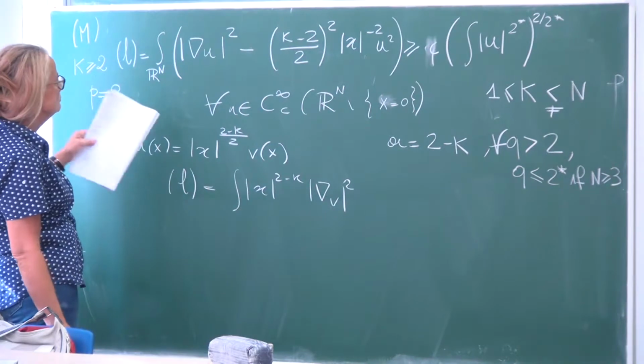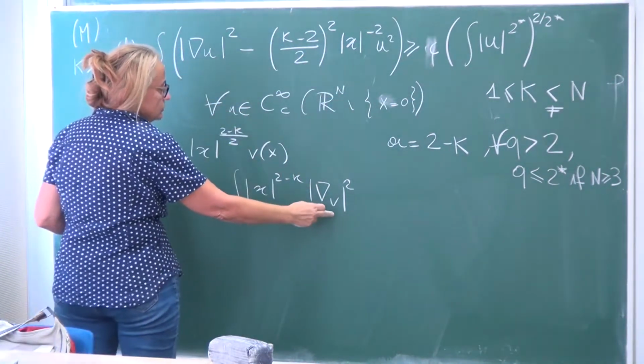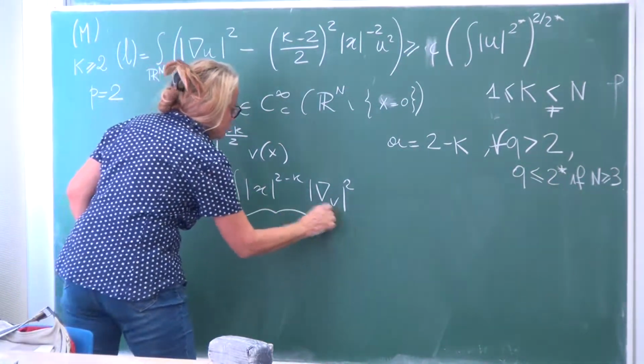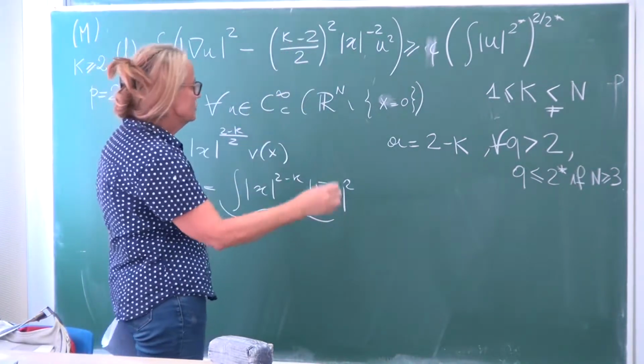You make side computations to say that this left-hand side is equal to this integral up to this functional change. Then you apply the Musina inequality.